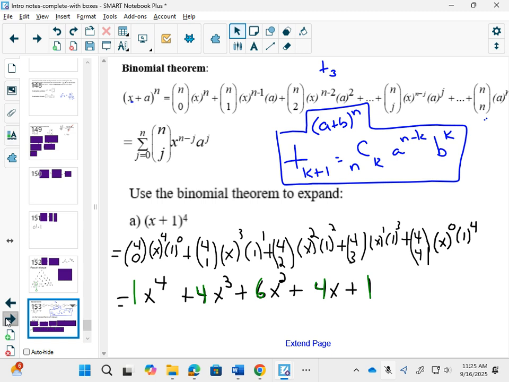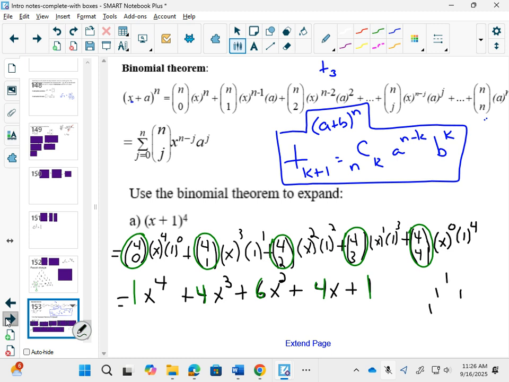Then x3, then x2, then x1, then no x's. So sometimes I'd take a shortcut because these combinations right here circled in green are that row of Pascal's triangle.